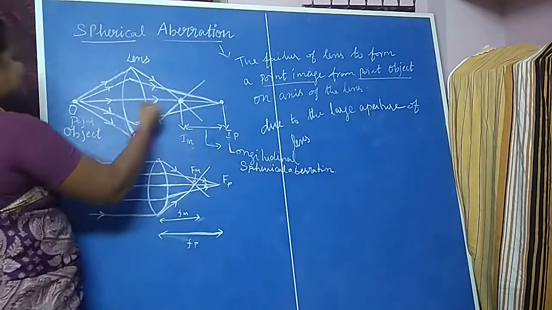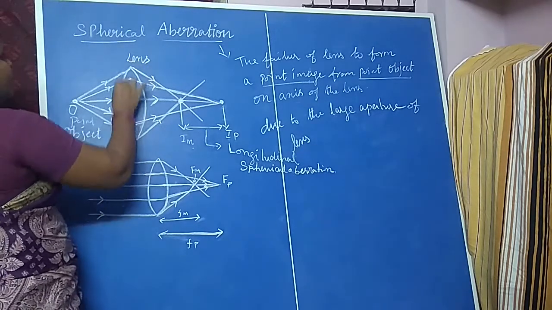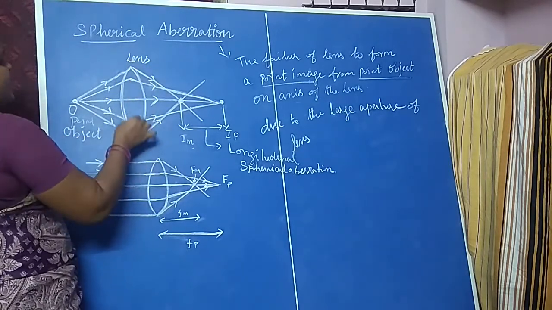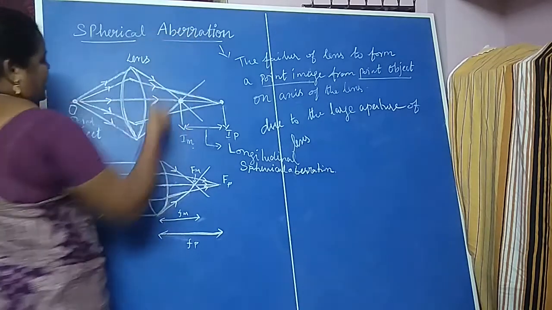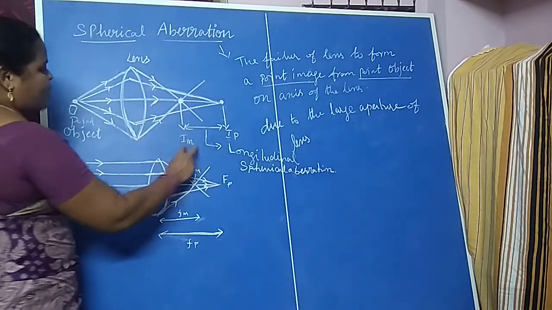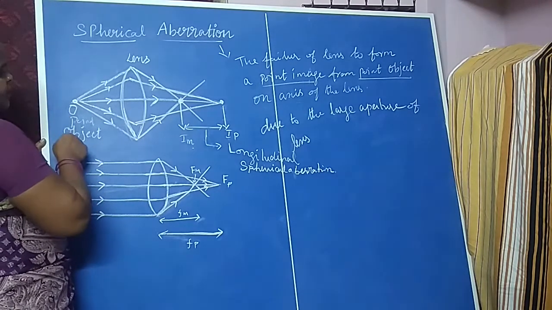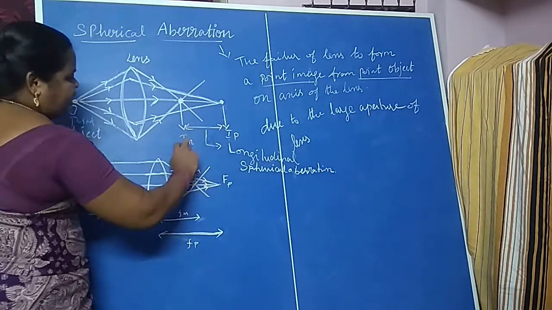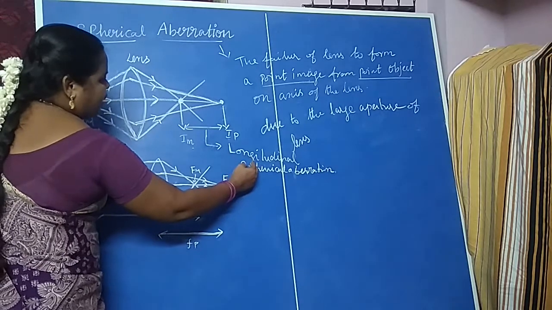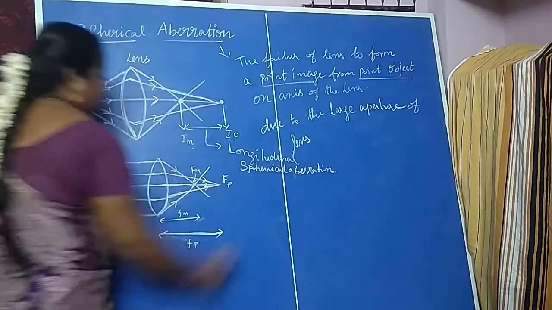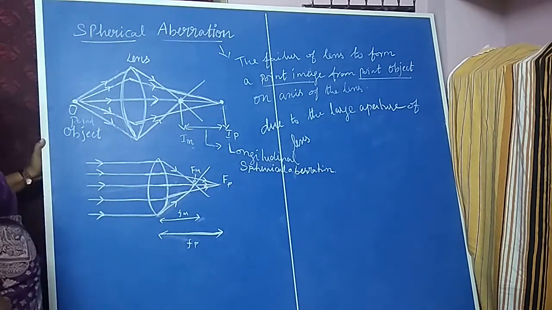This defect of the lens is called spherical aberration, because it forms two images for a single point object. The distance between these two images gives the longitudinal spherical aberration.